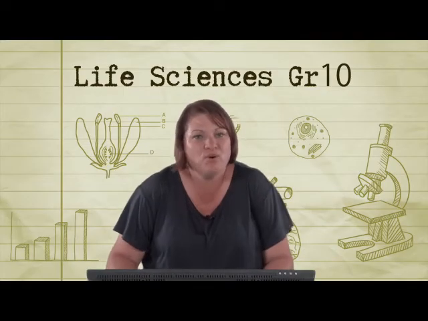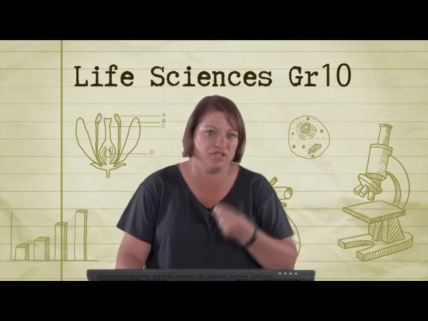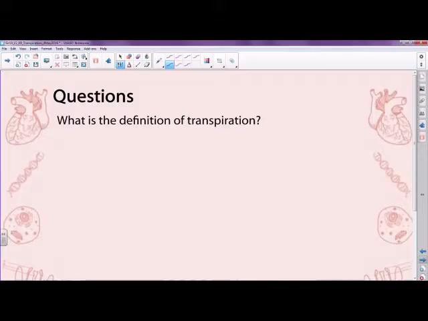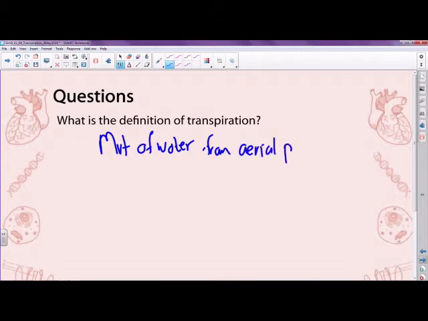Okay guys, it's very important that you know the definition of transpiration. Transpiration is the movement of water. Now listen carefully. Often your teacher might want you to concentrate on this, but we usually use the words from aerial parts of a plant.